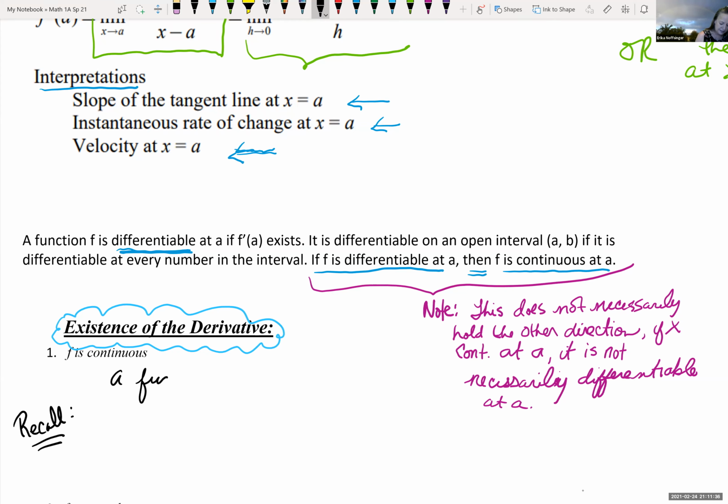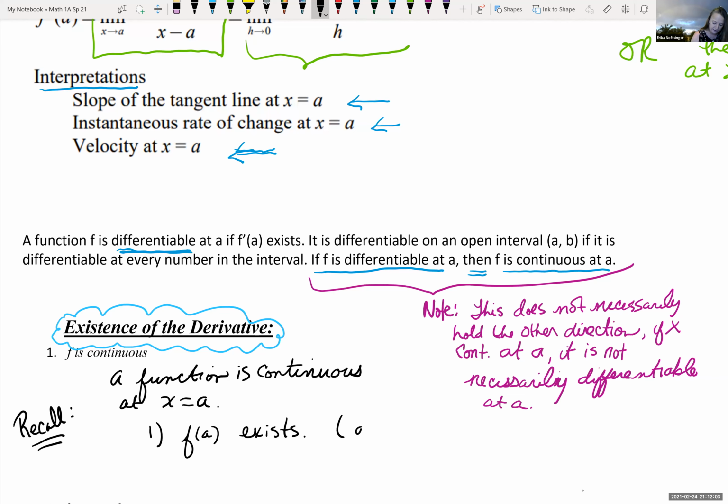Remember, 3 things had to hold. So one of the things that had to hold was that the function had to exist at that value. So f of a exists. Another way to say that is a is in our domain.